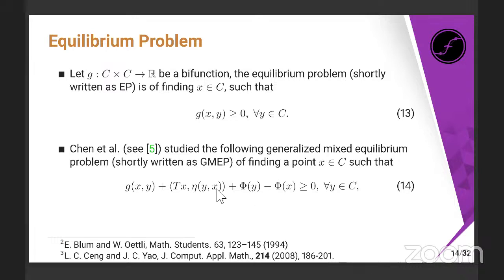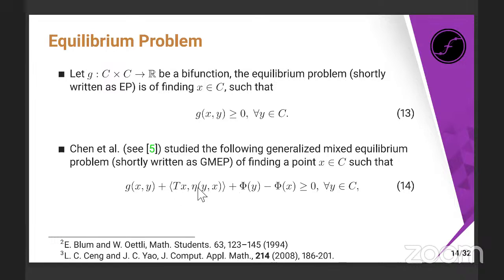So this generalized equilibrium problem is more general, and when we look at it very well, you can see that if T is monotone, meaning that eta of y comma x is equal to y minus x, and alpha, the alpha we have in the definition there, is equal to 0, then this will reduce to the generalized mixed equilibrium problem studied by Peng and Yao.